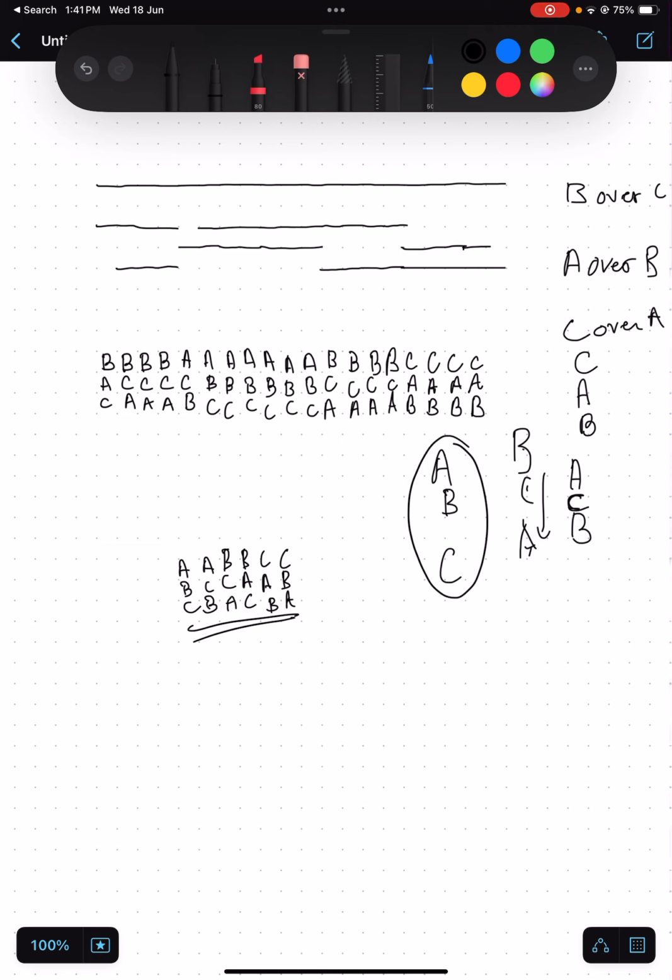Now this last case, what we have is only C over A should be true. The rest of the other 2 statements should be false.